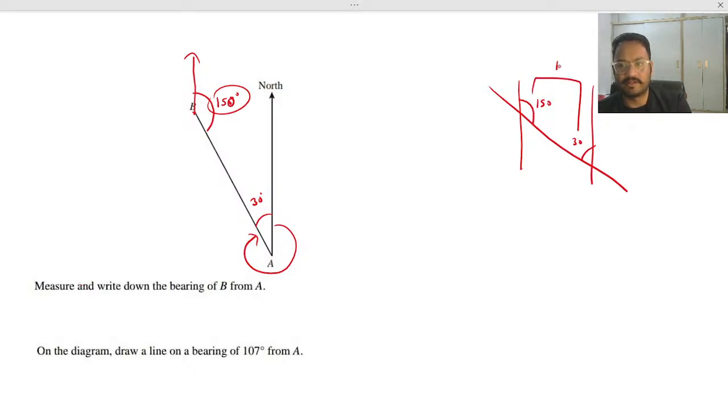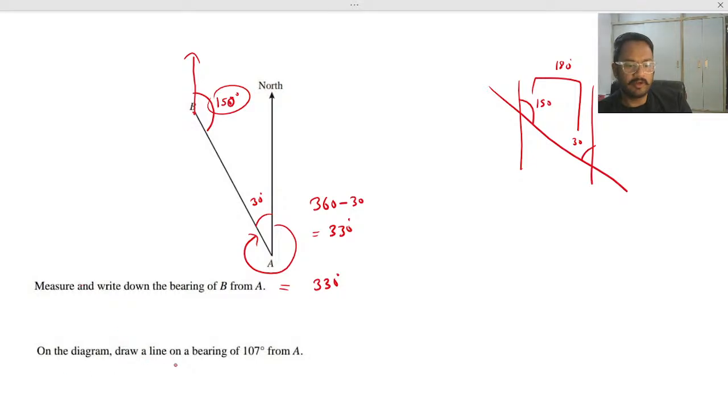The sum of these two angles should be equal to 180. Now, to find the bearing of B from A, you can do 360 minus 30 degrees. So you get 330 degrees. No, Purandar, it is not 150, it is 330 degrees. The answer of this part is 330 degrees.